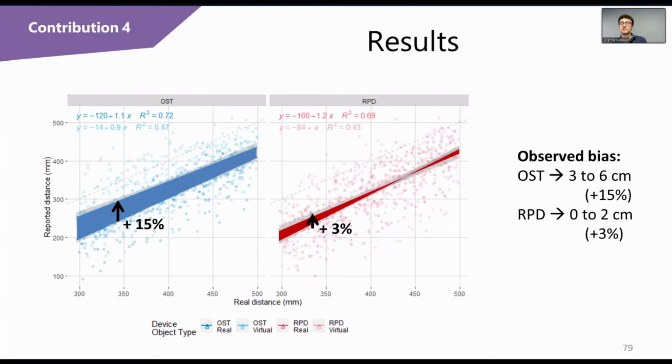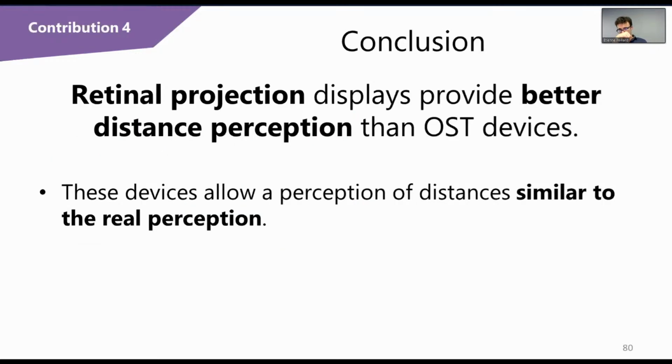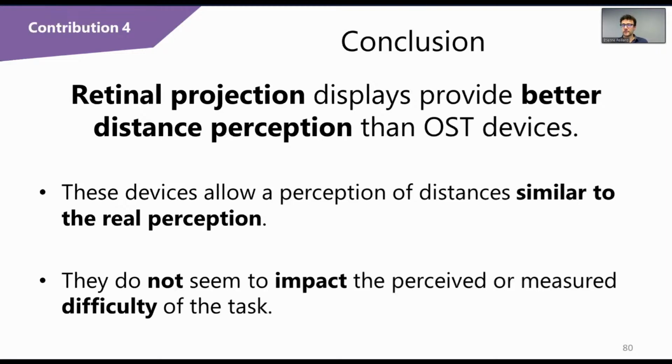For retinal projection displays, this bias was only 3%. As such, retinal projection displays provide a better perception of distances than optical see-through devices. Moreover, the perception provided by retinal projection displays is better and can even match the perception of real objects.